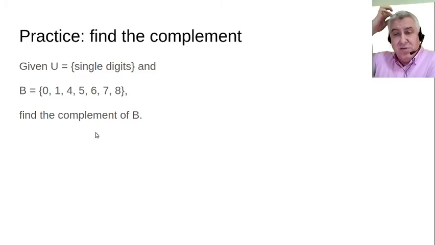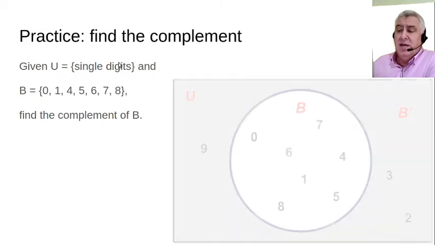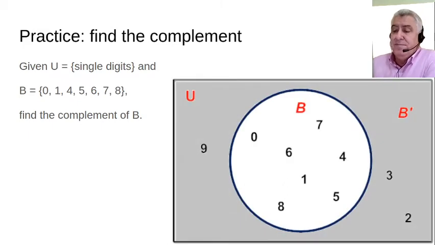So here's our first practice finding the complement. Given U is equal to single digits, so single digits will be 0, 1, 2, 3, 4, 5, 6, 7, 8, 9. And the set B is equal to 0, 1, 4, 5, 6, 7, 8. Find the complement of B. So the first thing we want to do is write out basically a Venn diagram for this, and here it is.